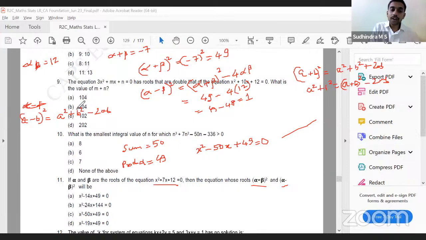Substitute that here. Instead of a square plus b square, I'll write a plus b the whole square minus 2ab. And again, you have one more minus 2ab. So a minus b the whole square would be a plus b the whole square minus 2ab minus 2ab, which is minus 4ab. Thank you, sir.